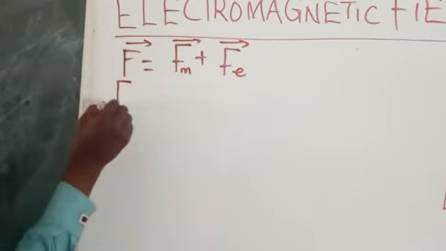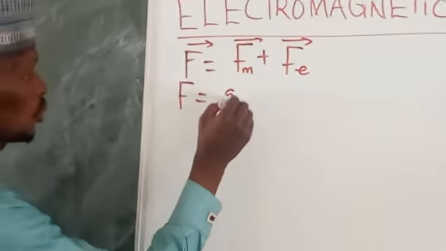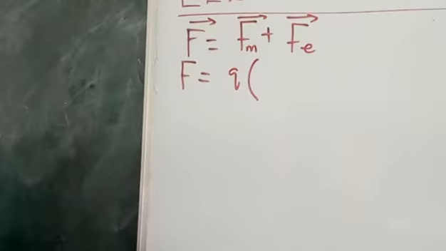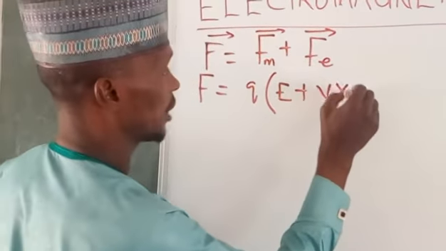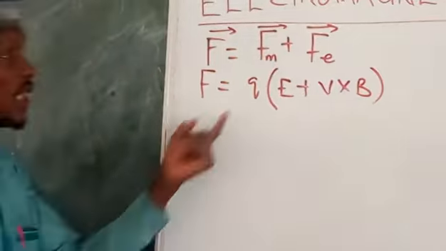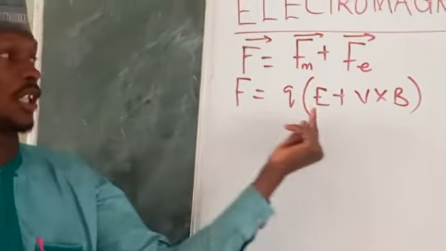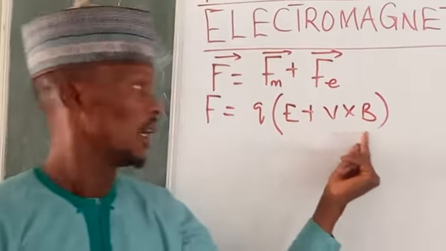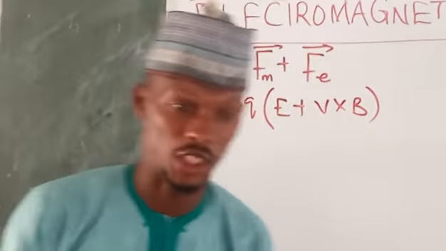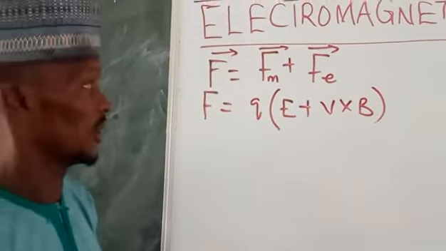Lastly, we said we have F equals Q in bracket E plus V times B, where Q is the charge, E is the electric field, V is the velocity, and B is the magnetic field. This is what we said.